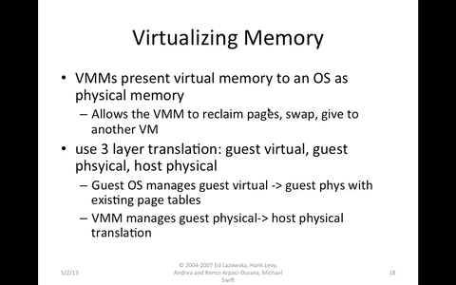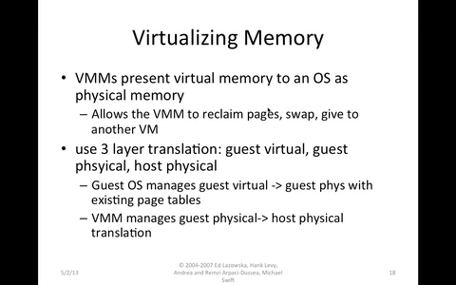So we're again going to walk through a page table. The net result of this is that on a single TLB miss, for every level of the guest page table, you may have to walk all the levels of the VMM's page table. So it used to be something like 3 memory references is now 1, 2, 3, 4, 5, 6, 7, 8, 9, 10, 11, 12, something like 12 memory references to refill the page table. Because we have to translate every level of the page table in addition to the address itself.